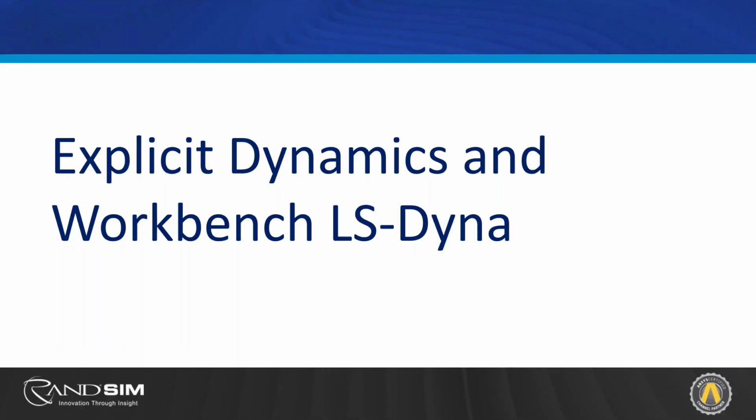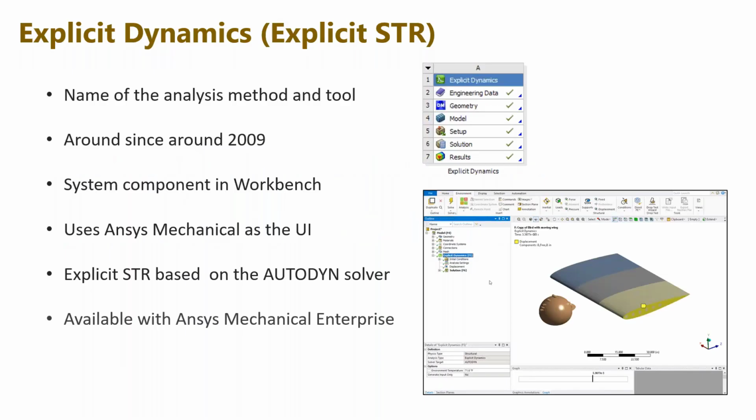So let's talk about the two options for using explicit dynamics in Workbench. The first is what used to be called Explicit STR. I think that's the name of the solver still, but the system component is just called Explicit Dynamics in Workbench. That's the name of both the tool and also the analysis method. I think it's been around since around 2009. That's when I first was able to dig up any information about explicit dynamics.